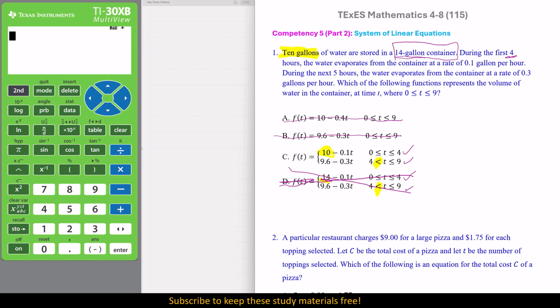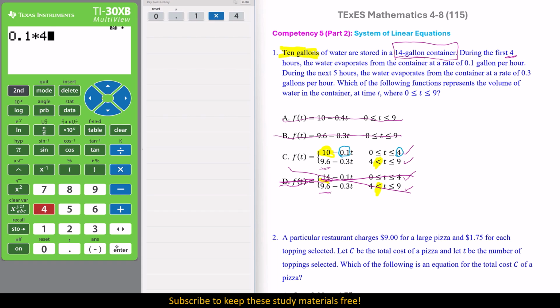Now, you may be wondering about this 9.6 that is in both C and D. Well, what we need to do is actually calculate the first 4 hours. And what do we use for that? Well, we use the 4 and this 0.1. So 0.1 times 4 is 0.4.